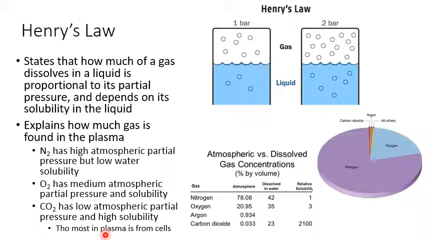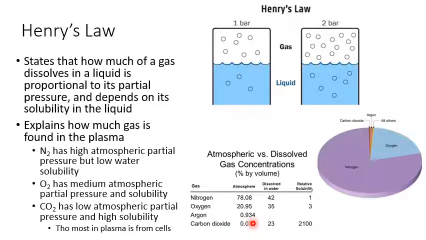Then finally we have carbon dioxide, which has a very low partial pressure in the atmosphere. It accounts for very little of the atmosphere, just enough to screw us though. And it also has a very high solubility in water. As you can see, the relative solubility of carbon dioxide is 2,100 times greater than the solubility of nitrogen. So carbon dioxide dissolves in water really easily, even though you have such a teensy-weensy amount of it in the atmosphere, 0.03% of the atmosphere is carbon dioxide.